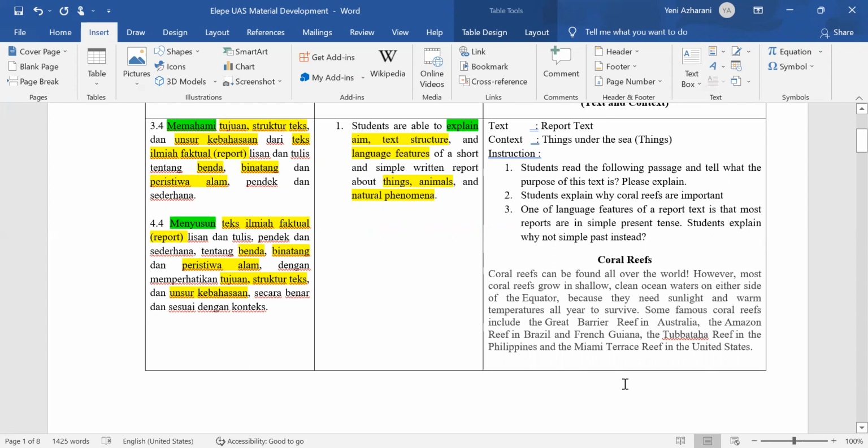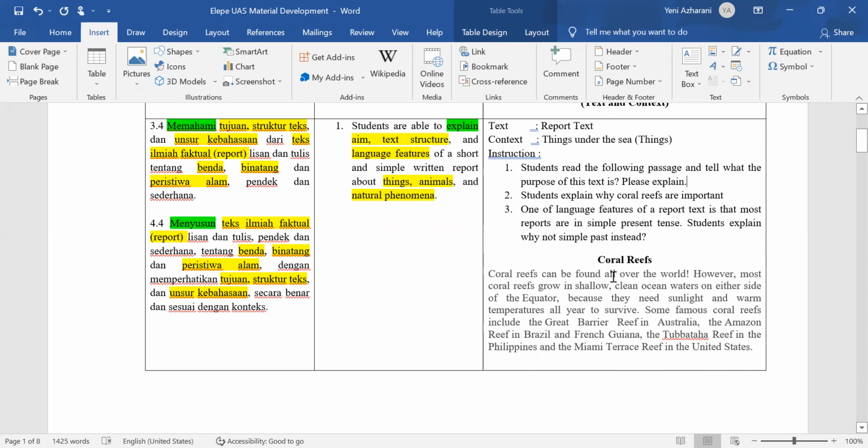So by reading this text, they will also understand the living things and also non-living things under the sea, and specifically those depending on the coral reefs.